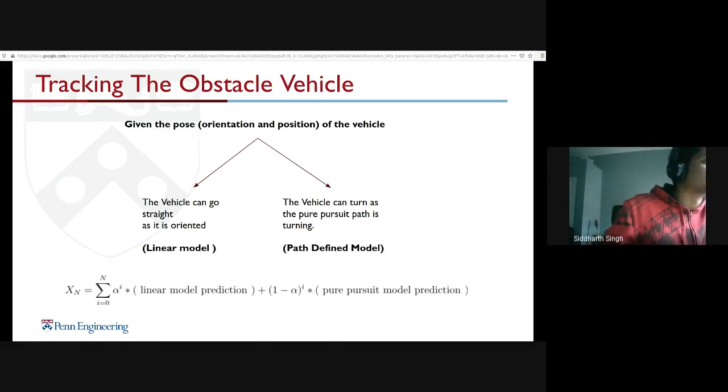So if it is alpha raised to the power i, actually I can just very quickly change this, give me 1 second.